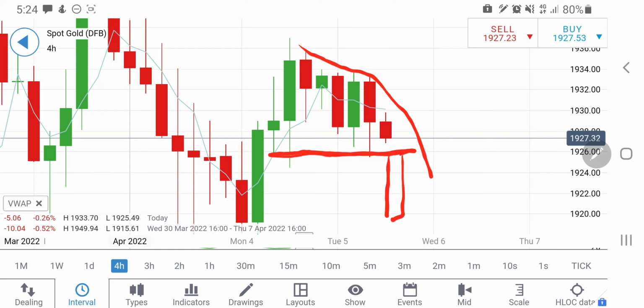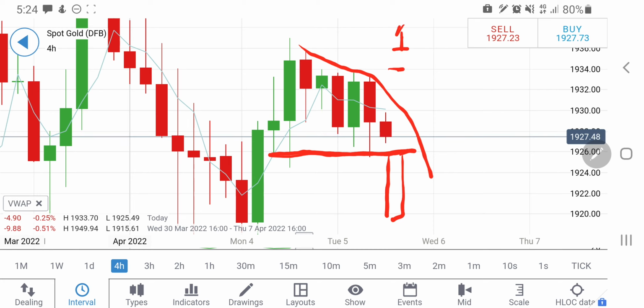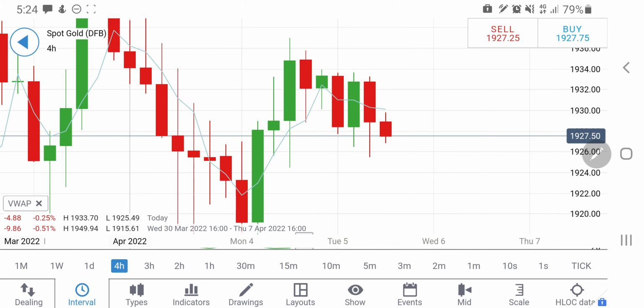Probably it might try to achieve 1920 levels. At the same time, if you see it trading above 1934, rather I will say 1936, if you see it trading beyond 1936, one can go long there and one can expect it to rise.